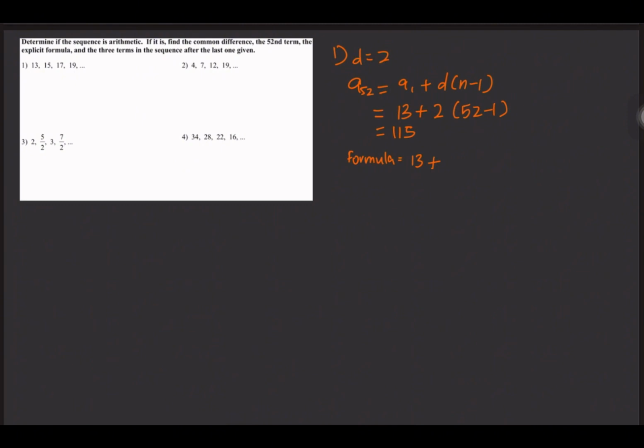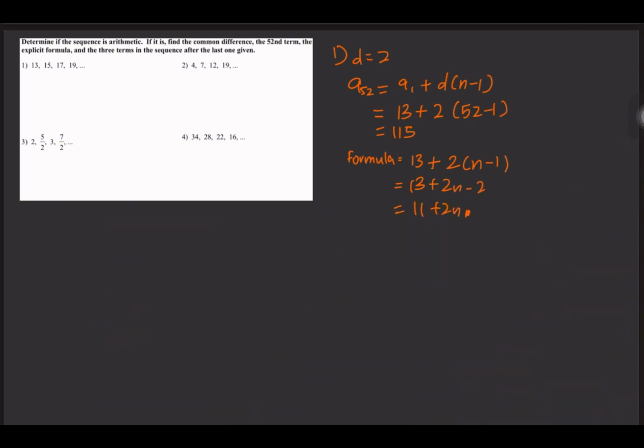The explicit formula basically means that we don't have a specific n. So we have 13 plus 2 times n minus 1. Well, we can simplify it: 13 plus 2n minus 2 equals 11 plus 2n.